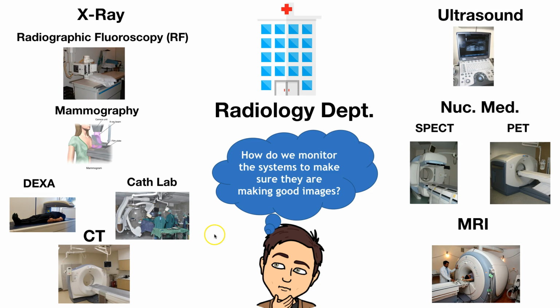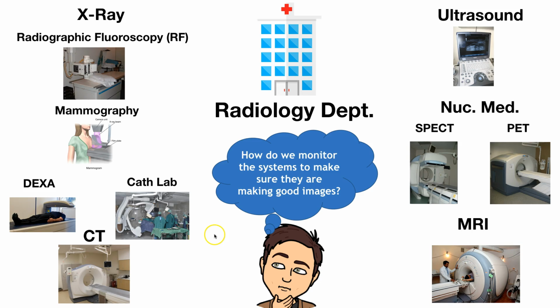So, at a high level, what we talked about is what types of metrics we can use to monitor systems to make sure that they're making good images. And we talked about the contrast, we talked about the noise, and with those two things together, we talked about the low contrast detectability.